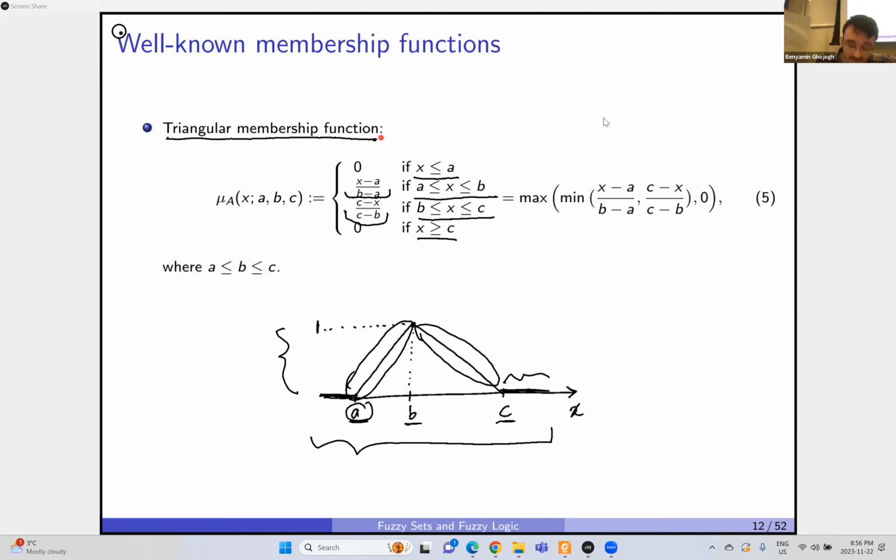You can also write this formula as this: maximum of this and 0, because this can get negative too, and we don't want it to become negative. Also, of course, A is less than or equal to B, and B is less than or equal to C. Okay.